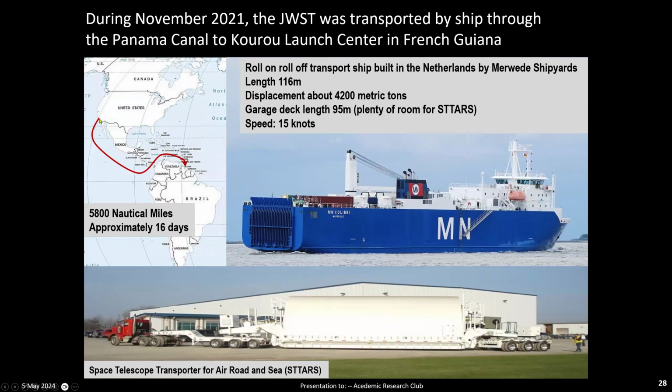And we shipped out of Seal Beach, California, just south of Los Angeles, and went through the Panama Canal over to the launch facility in French Guiana. This is the first time NASA has delivered a payload to a launch site by boat. And this all worked very, very well for us.